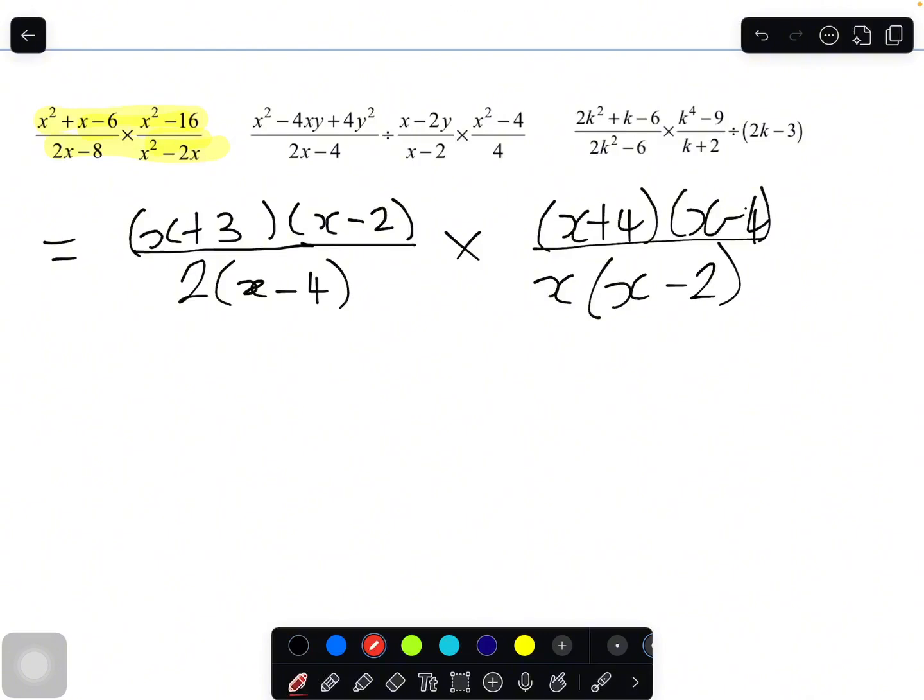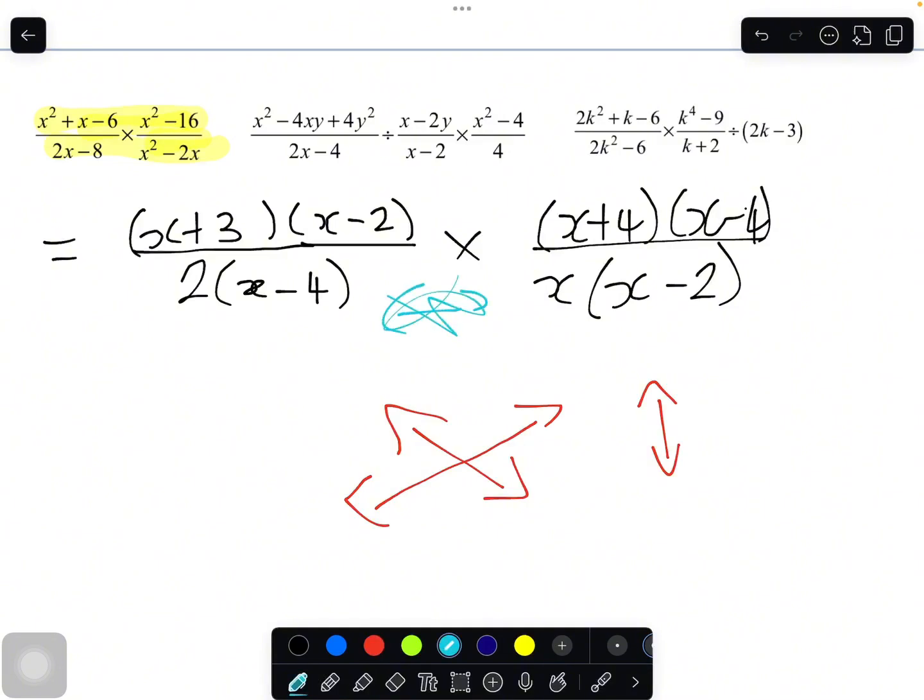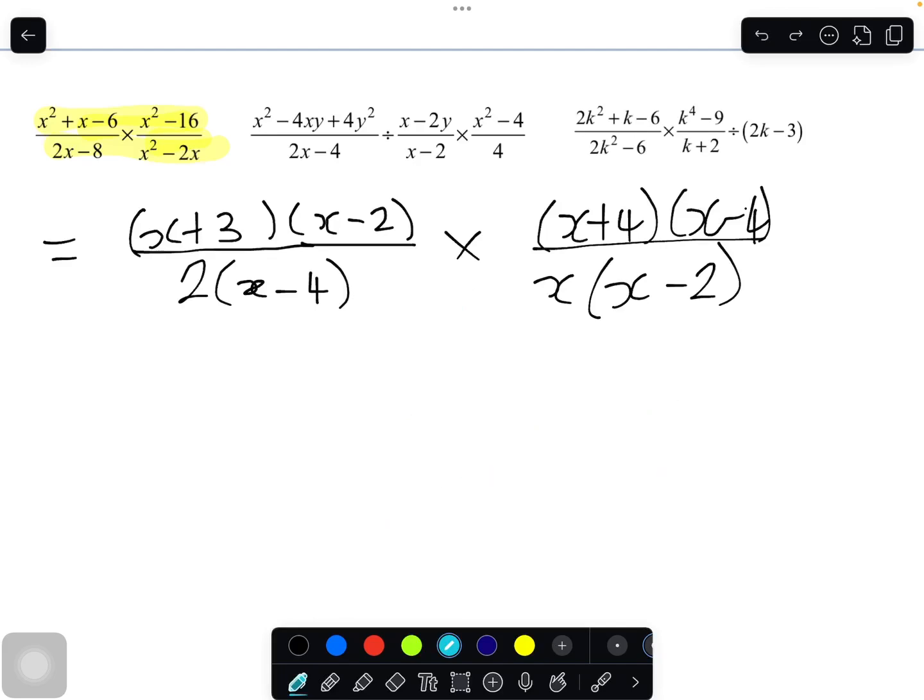Now, when canceling off, you can go diagonally and cancel off in either direction, or you can go up and down and cancel off. You cannot go horizontally. So this right here is not allowed. Bad, very bad.